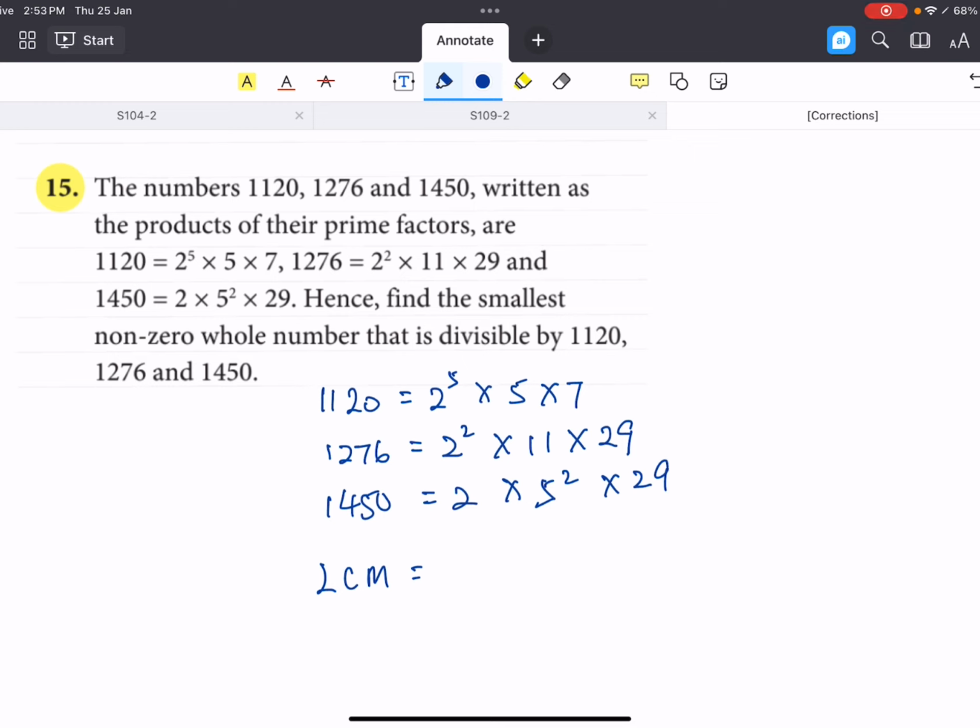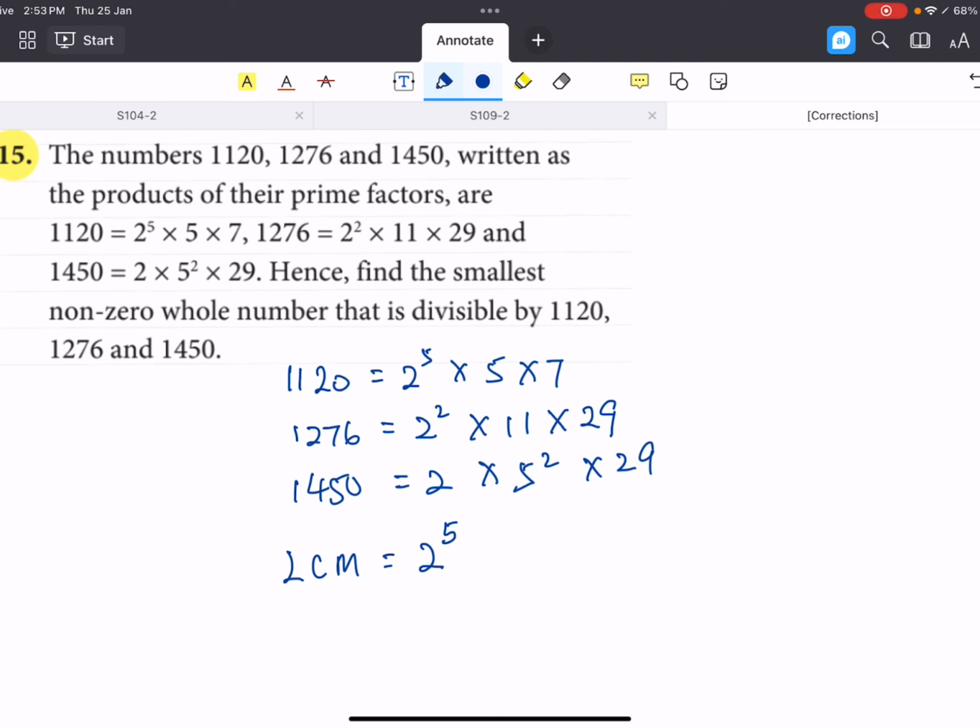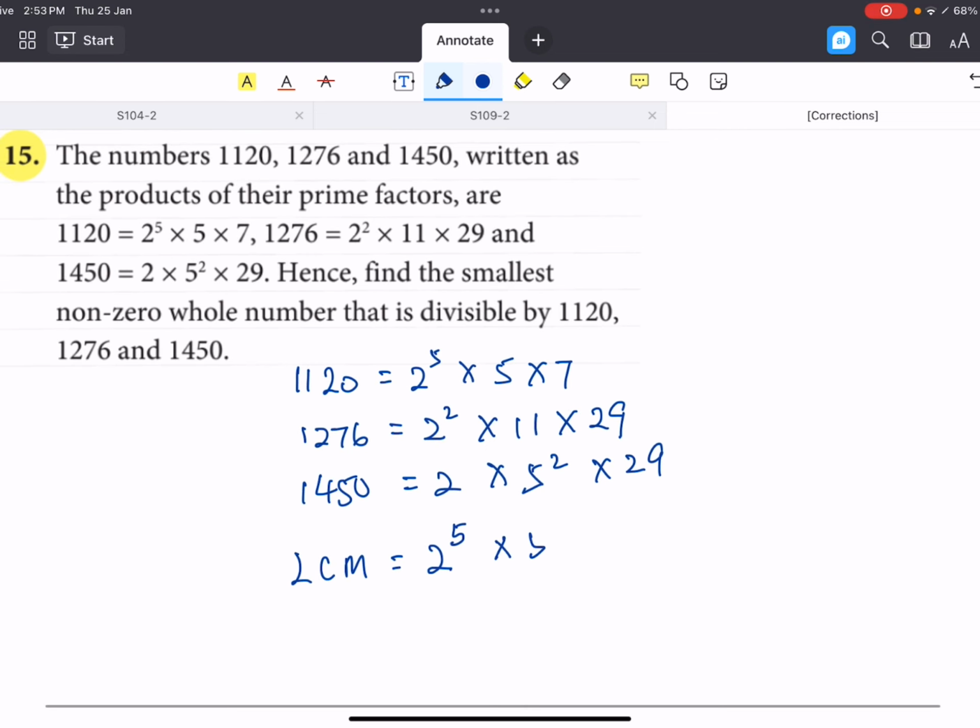So for prime factor 2, the common multiple will be 2 to the power 5. Then we have 5 to the power 2, right? Okay, so let me just quickly dot it with highlighter so you see what we are doing. So that's the 2. For 5 is over here. Next one will be 7. So we will do times 7. And then the next one we'll look at 11.